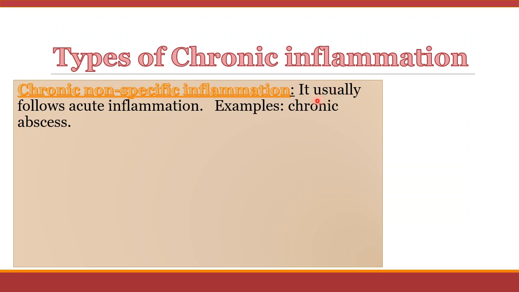The non-specific inflammation is usually following the acute inflammation, like, as we said before, progression from acute inflammation that has persistent tissue damage or persistent injury and is going to continue as chronic. The good example is chronic abscess, as we said before, in the complications of abscess.